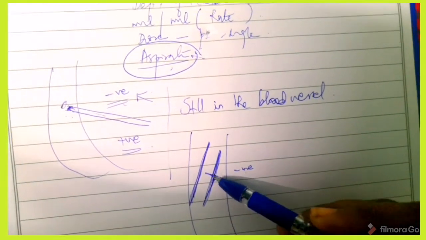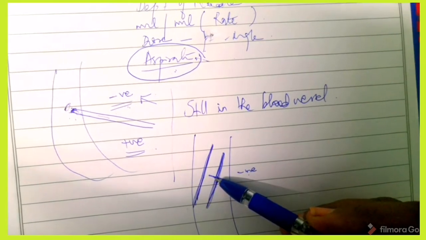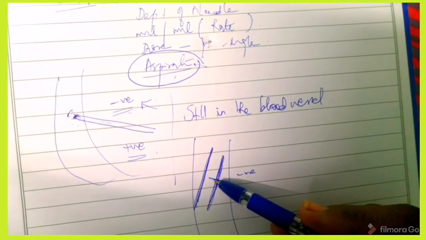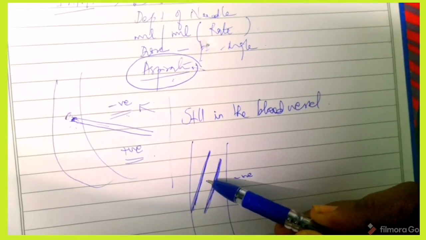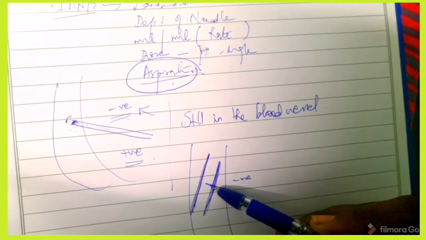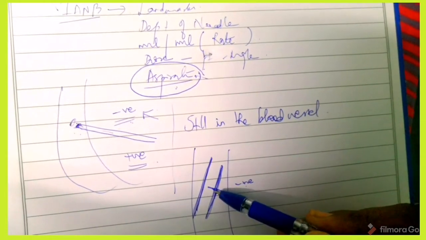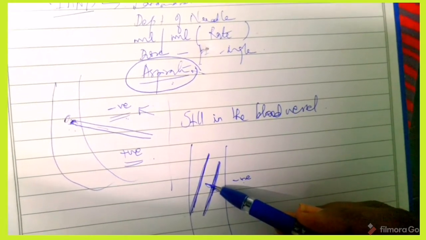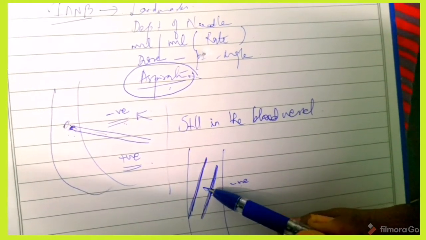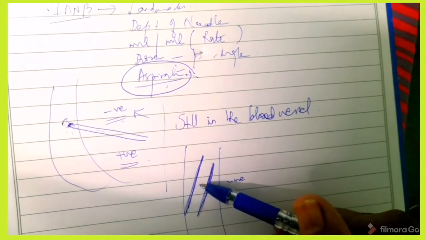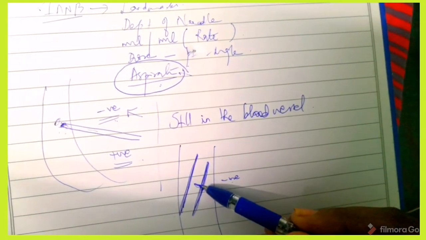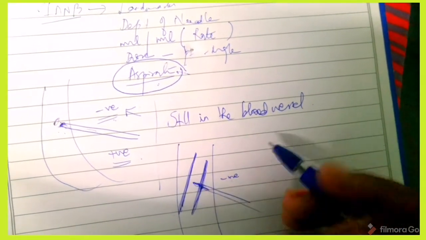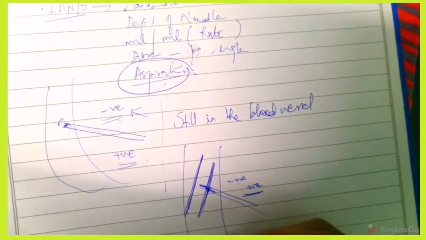To prevent this, what I am suggesting is a very important point. You hit the bone, aspirate. If you are in the wall, the aspiration would be negative since the wall is sucked inside, but you may actually be inside the vessel. To prevent this, you hit the bone, aspirate, negative, then you rotate the needle 45 degrees and aspirate again, so that you will get a positive aspiration.